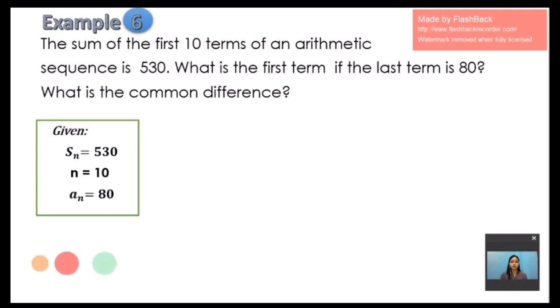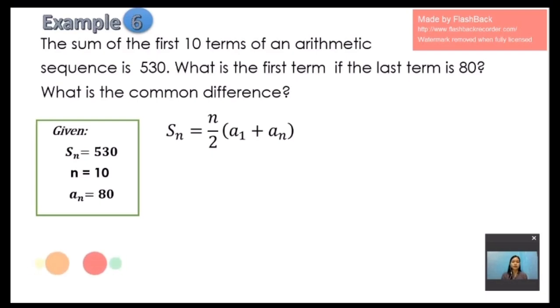So the question is how you're going to find the first term and how you're going to find the common difference. Which formula can be used? So you can pause this video to solve this problem on your own, and then you can play this video to check whether your answer is correct. Okay, let's solve.